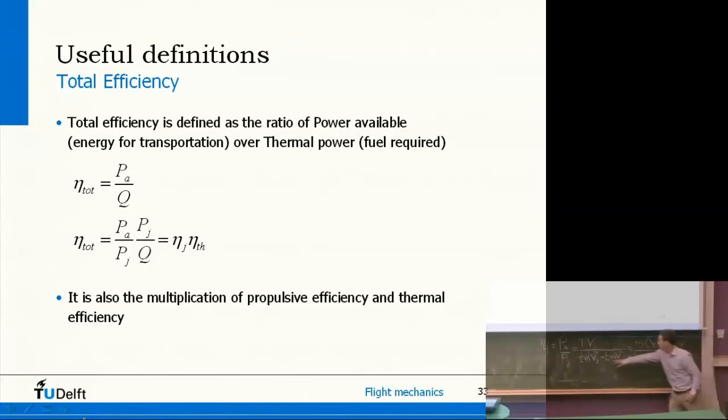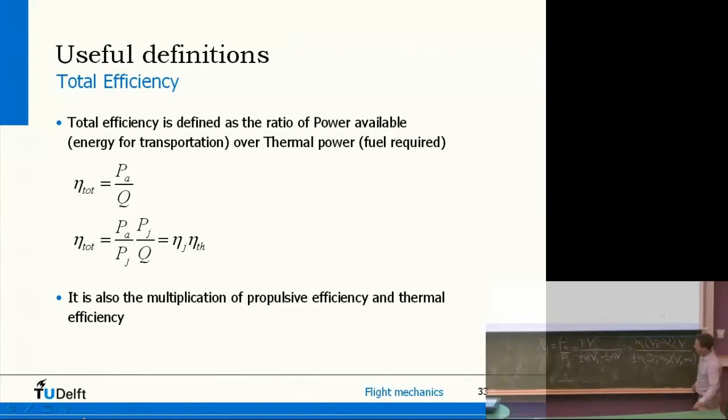This is Vj squared minus V squared. Now, clearly, these masses disappear. Now I have here Vj minus V, Vj minus V. So these two terms disappear.